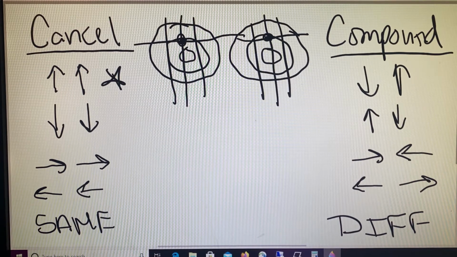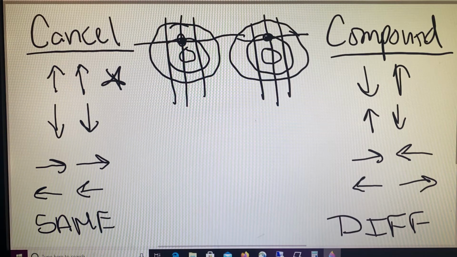So the one diopter of base up in the right eye has canceled out the one diopter of base up in the left eye.